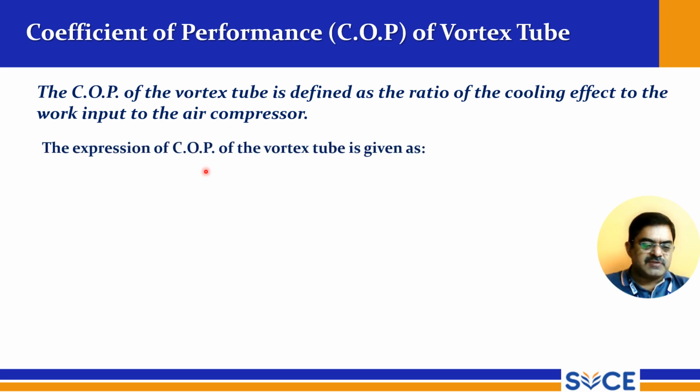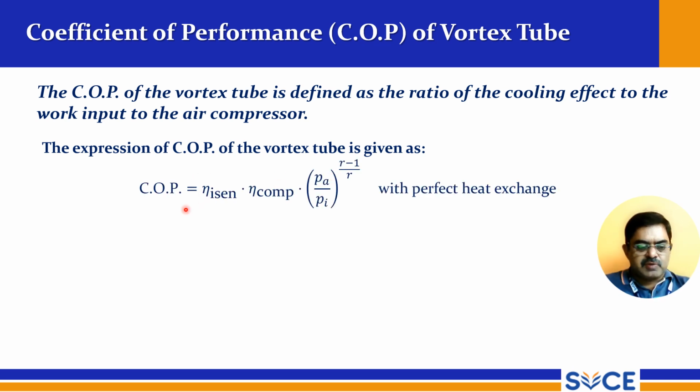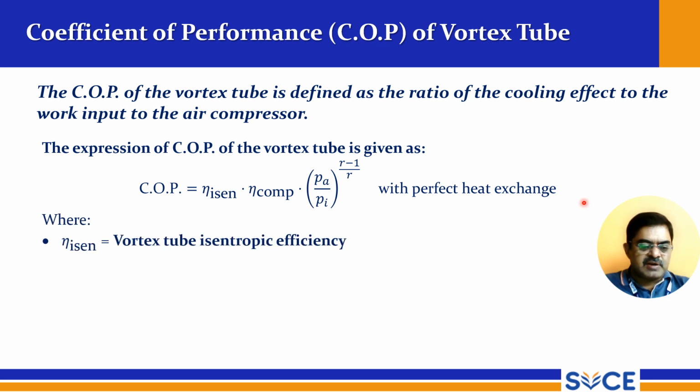The expression of COP of the vortex tube is given as: COP is equal to isentropic efficiency and compression efficiency into (Pa by Pi) to the power (gamma minus 1) divided by gamma, with perfect heat exchange. So with perfect heat exchange, this is the COP equation.